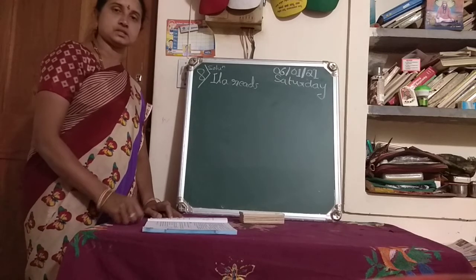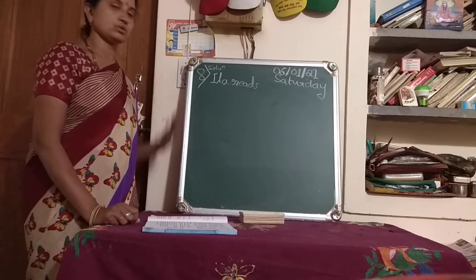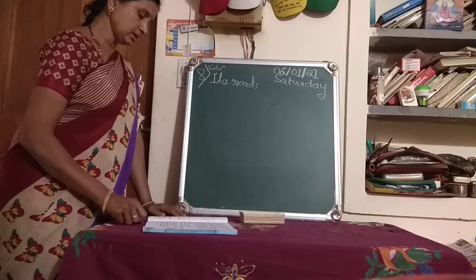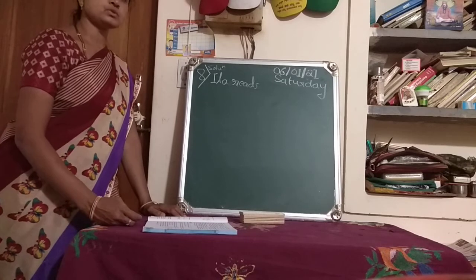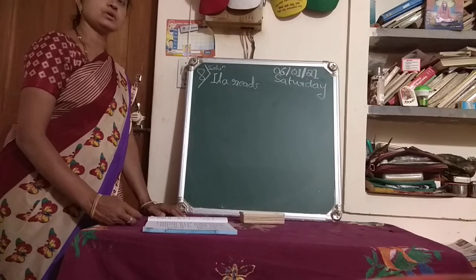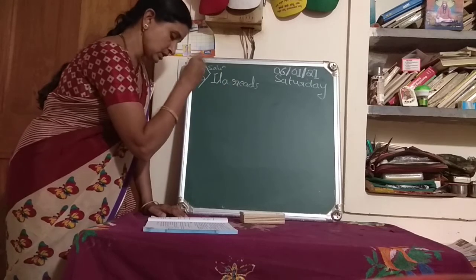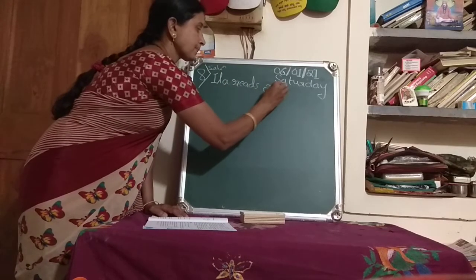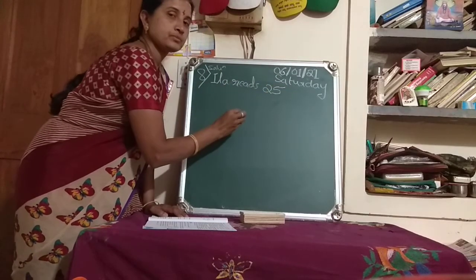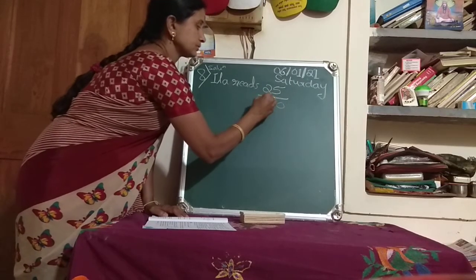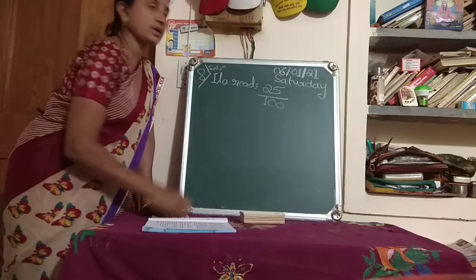Who reads less? We have to follow the same method. First we write the contents in the form of a fraction. How much Ila reads is 25 pages out of how many the book contained? 100.